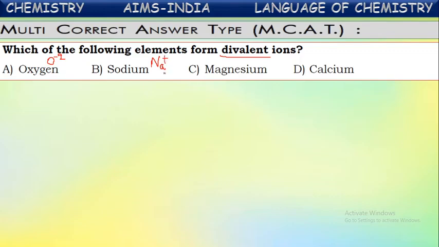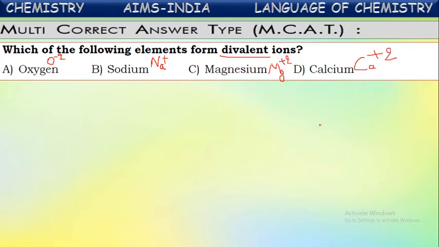So it is formed by losing of only one electron, whereas the oxide ion is formed by gaining of two electrons. Whereas magnesium forms an ion by losing two electrons. It is called Mg plus 2 ion. Its valency is also 2. We observe calcium. Calcium also forms an ion by losing two electrons.